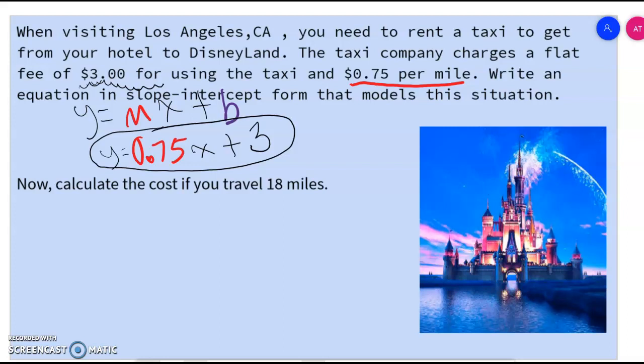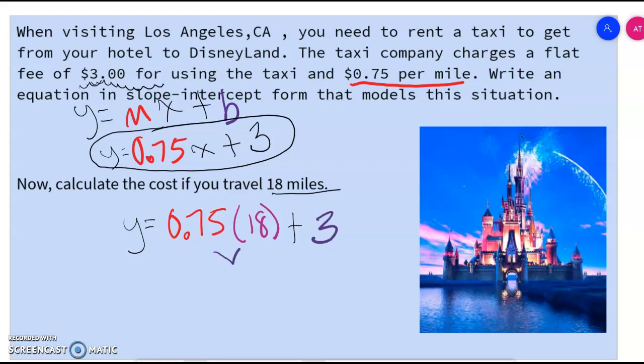Now calculate the cost of 18 miles. So I know I'm going to go 18 miles. So I'm going to write out my equation. And for x, what I'm going to put is 18 because it says how many miles I'm going. So now I want you to calculate what 0.75 times 18 is.